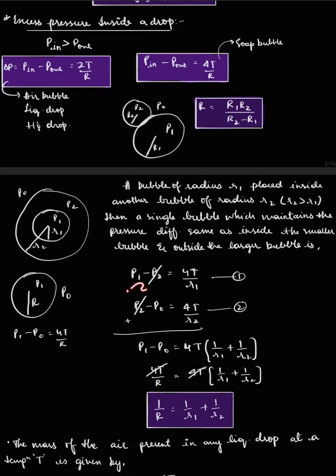Now P1 minus P2 equals 4T upon R1. This is the excess pressure formula for a drop, but we are applying it to a soap bubble, so we take 4. Applying it to P2 minus P0 gives 4T upon R2.